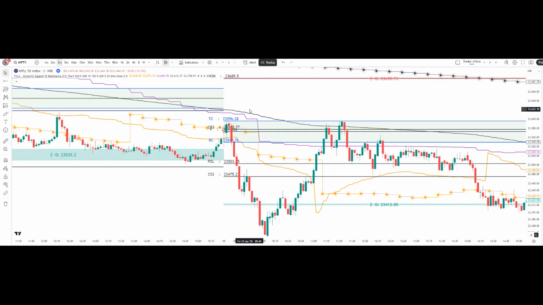So this is the customized CPR indicator, that is TCLC, dynamic support and resistance. This is the CPR levels. Here we can see the CPR, and other support and resistance levels also I have provided to get the entry and the exit. I have also put a separate video on this indicator, how to enter into the trade based on this dynamic support and resistance. Here we can see this is the resistance level, and after that we got the short trade entry, and we can look to enter into the PE trades.